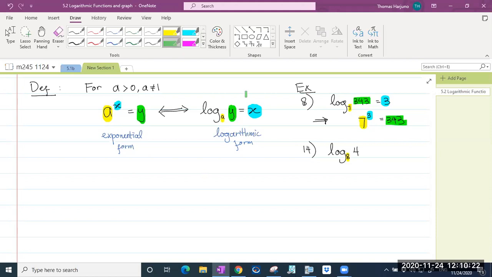The 4 is the regular size, equals 2/3. So what will the exponential form be? That will be 8 to the power of 2/3 equals 4.